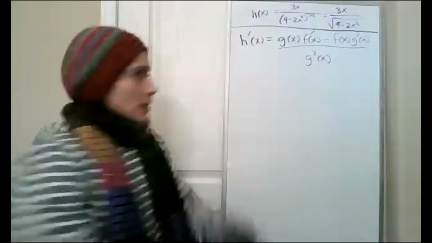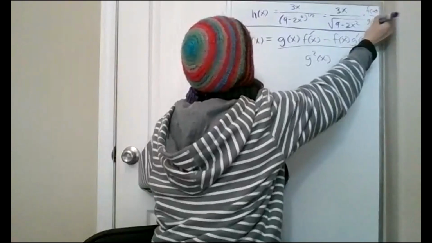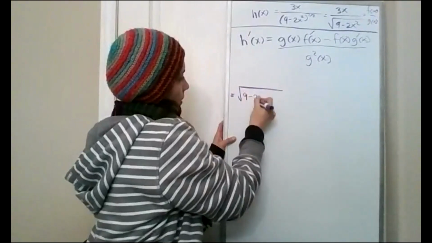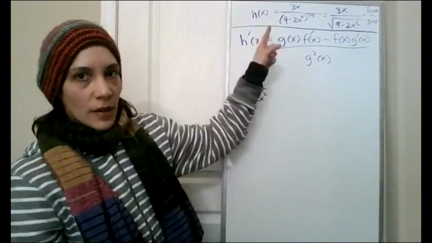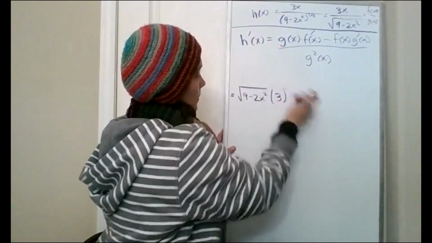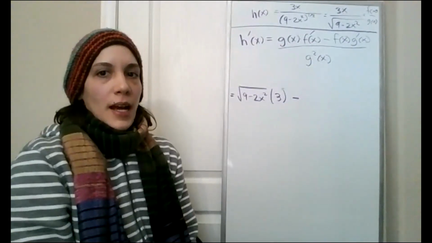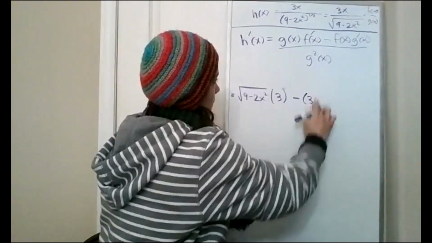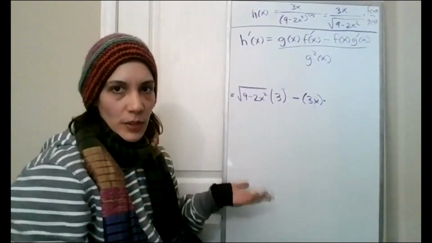So we have that root minus 2x squared. There's g of x times the derivative of f of x. Okay. F of x. And then multiply with the derivative of g of x, which we were just doing.